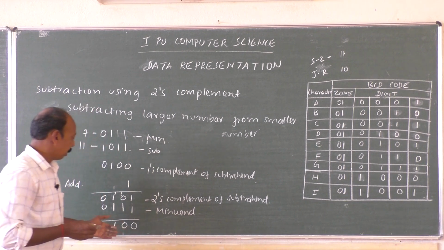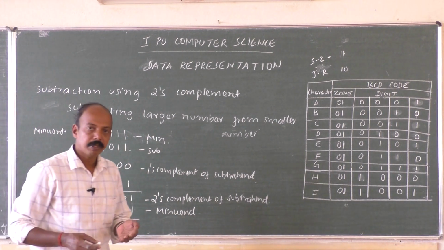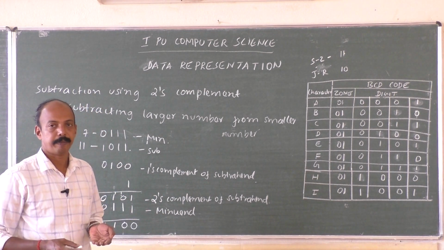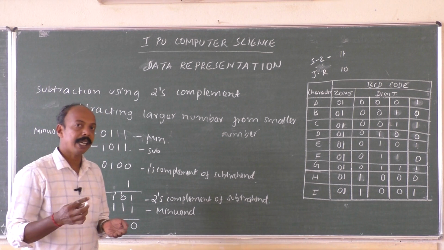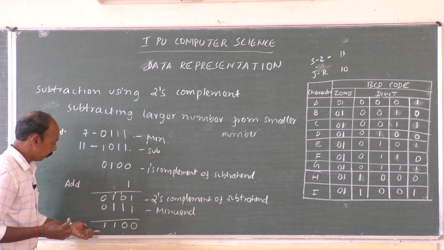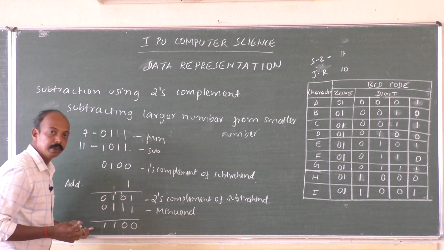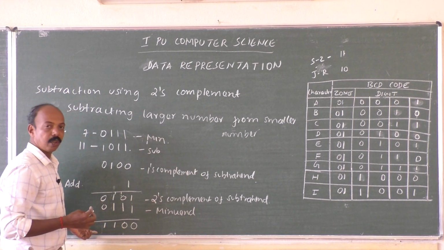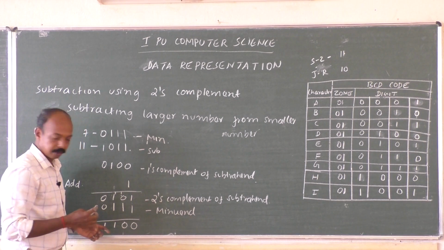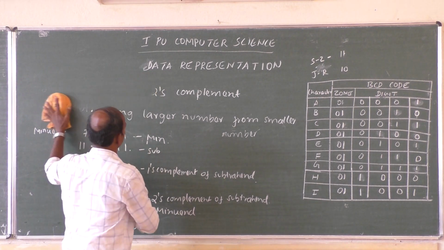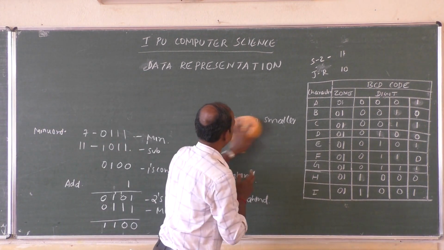When we subtracted a smaller number from the larger number, what we have seen is there was an end around carry, right? But here we have subtracted a larger number from a smaller number, and there is no end around carry in this, right? So in this case also we have to go for the next step. Let me write it over here.